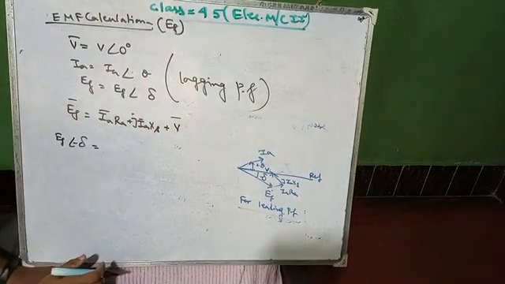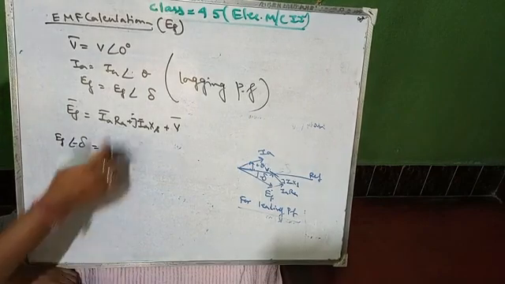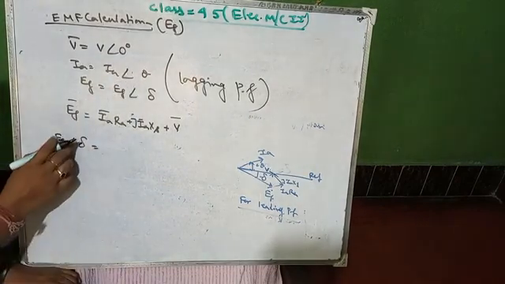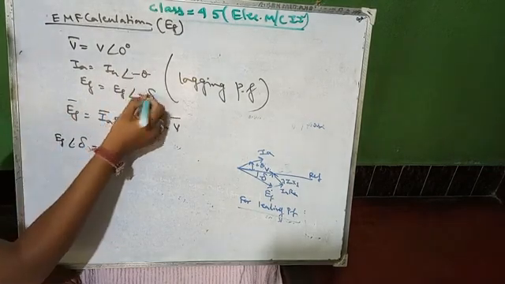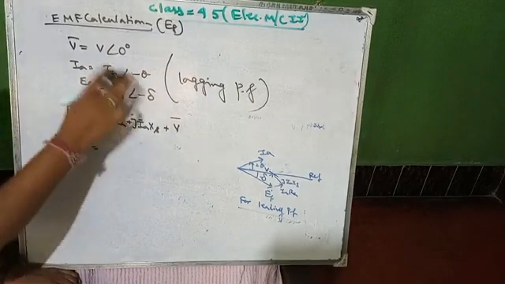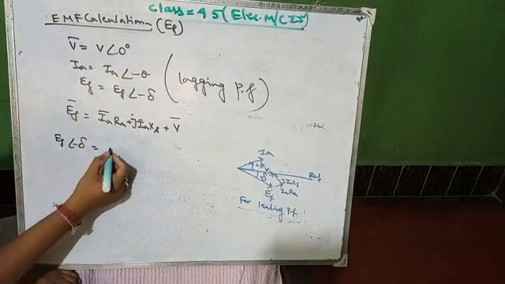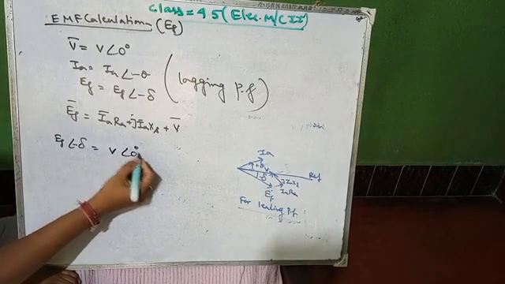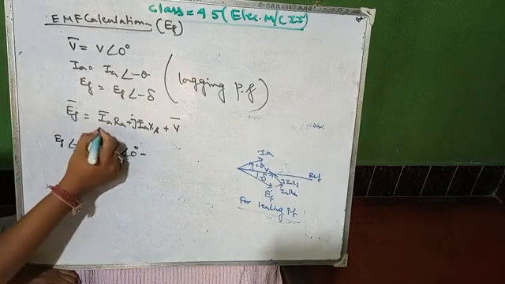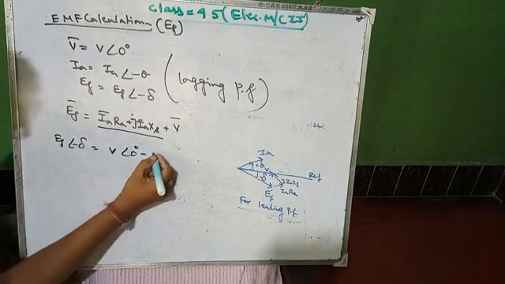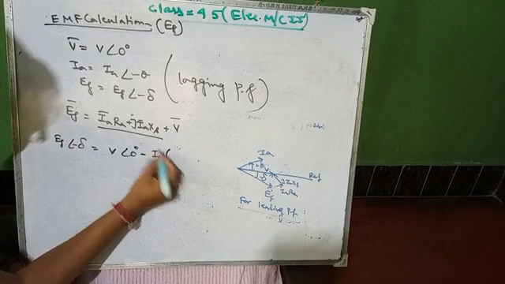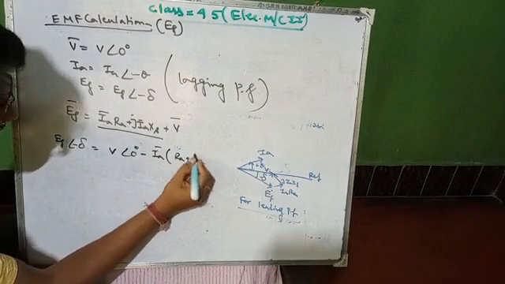So E angle del, or you can take it as minus. So V angle 0 degree minus IARA plus JIA XS, which can be written by taking IA as common, RA plus JXS.